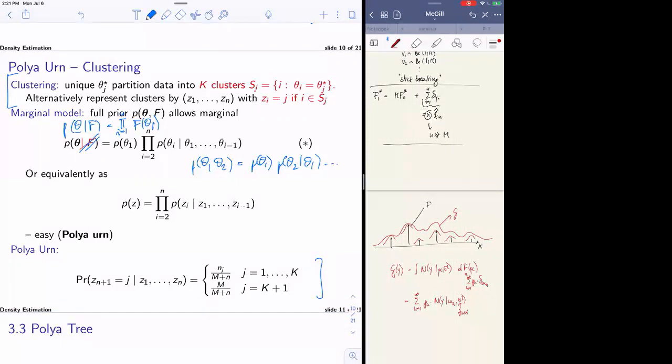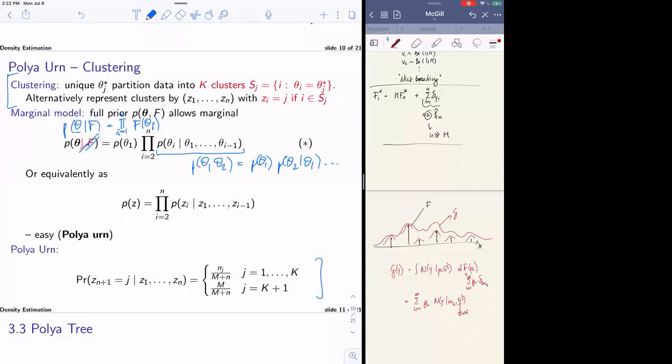You just keep on going with these increasing conditionals. But we run into some good luck in that these increasing conditionals turn out to be of a very simple nature. And to make it even easier, instead of the increasing conditionals for the theta i, I'll just show you the increasing conditionals for the cluster membership indicators.